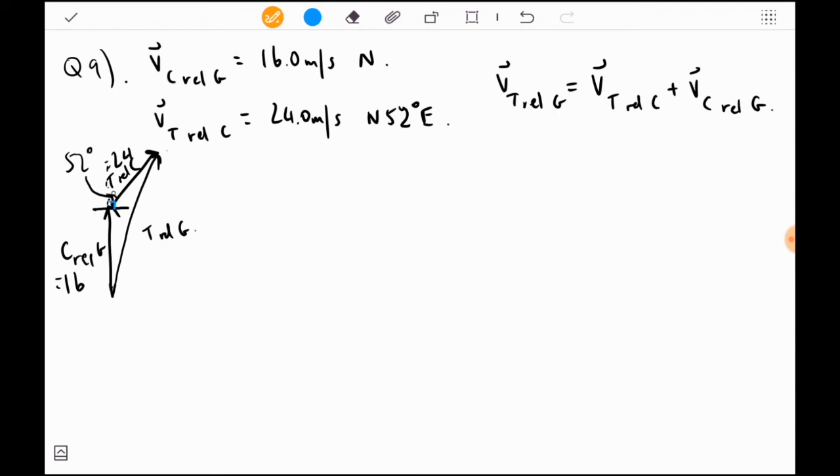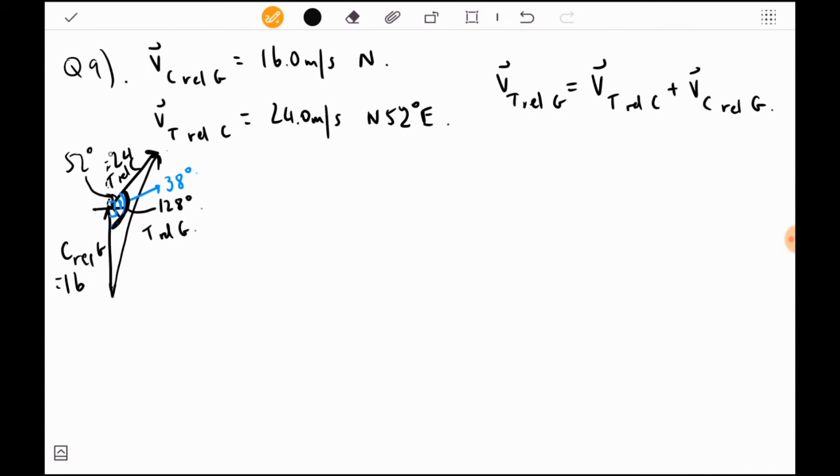So that means if this is 52, then this angle here has to be 38 degrees. Now, seeing as this angle in here is also 90 degrees, then this whole big angle, which I'm going to write in black because it's very relevant, is 128 degrees.